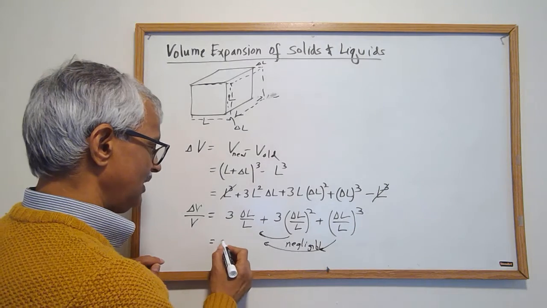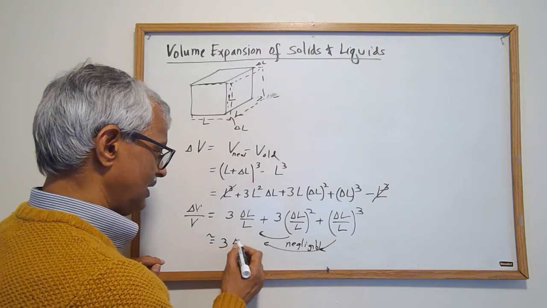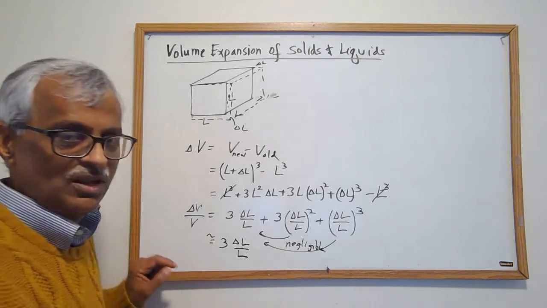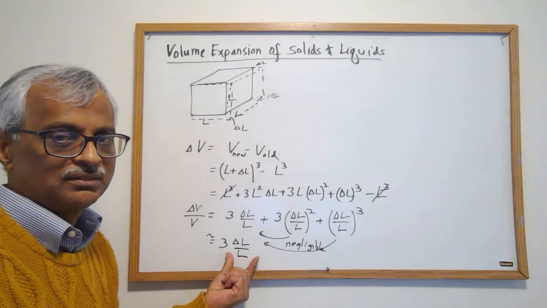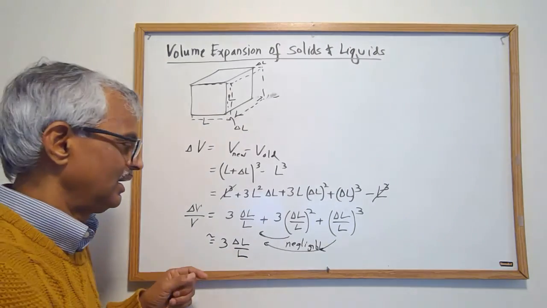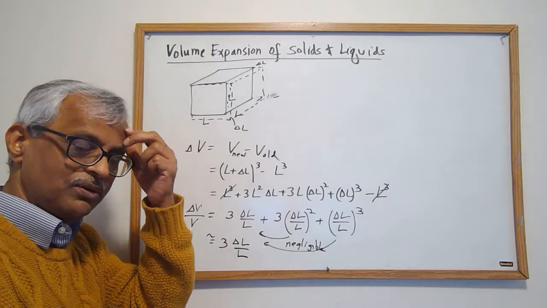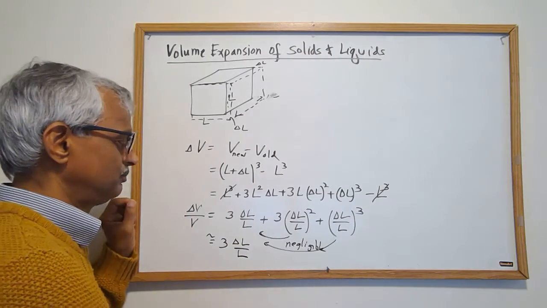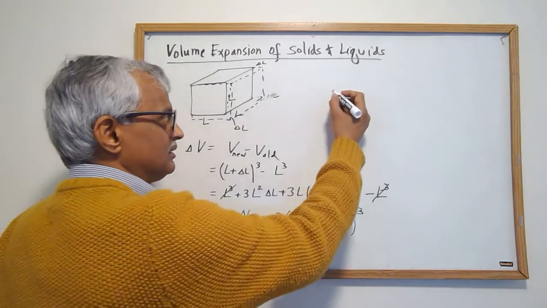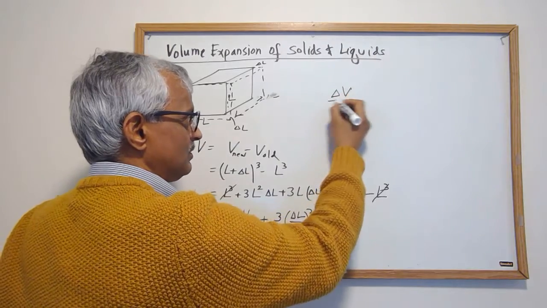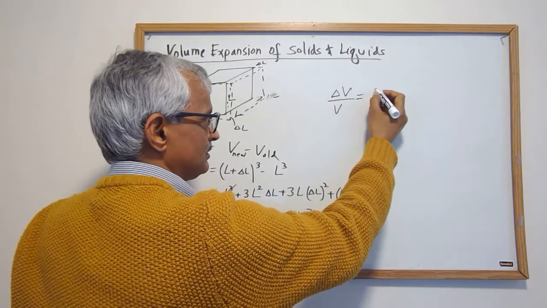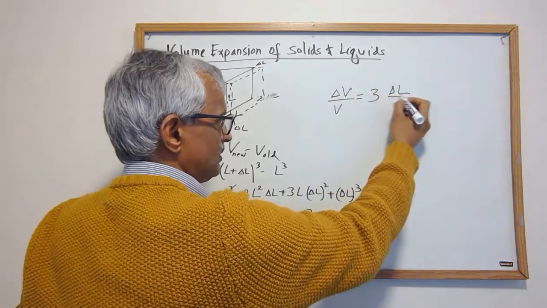So what's left is delta L over L. But we already know the law for that. So we can just write that down here. So I have delta V over V is 3 times delta L over L.